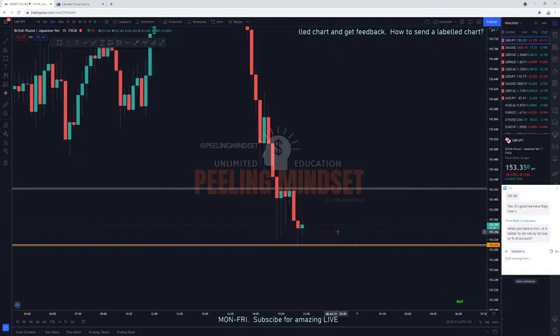For advanced traders out there, obviously they have their own methods. For example, I also look at the percentage of my account, but at the same time, I have a certain amount of money I'm willing to lose, and I don't care whether that's a certain percentage of my account or not, because I'm a good risk manager. I'm actually good at risk management, so I don't really look at that.